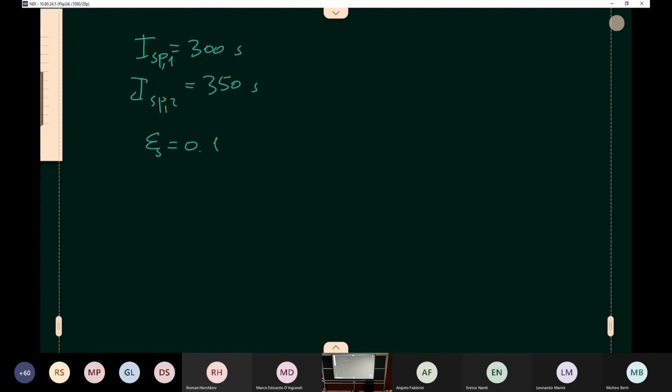We have to realize delta V of 9 km per second. And we can try to see what happens, how the partitioning works. So we assume that delta V1 will be a fraction of delta V, and delta V2 the remaining fraction.